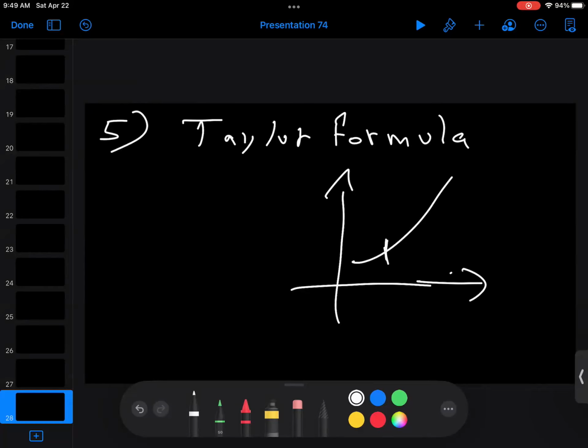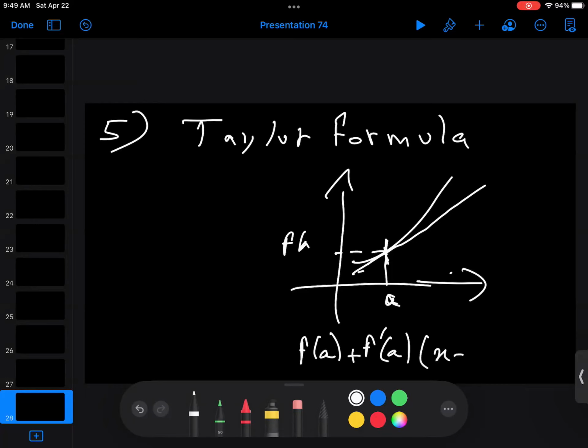You want to approximate f. So here you have f of a, and let's draw here the tangent line to f. So the equation for the tangent is f of a plus f prime of a times x minus a.